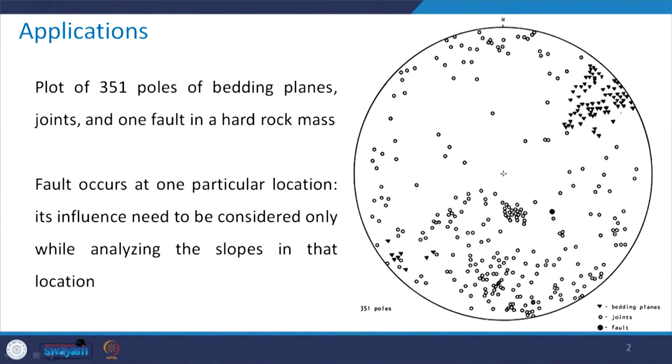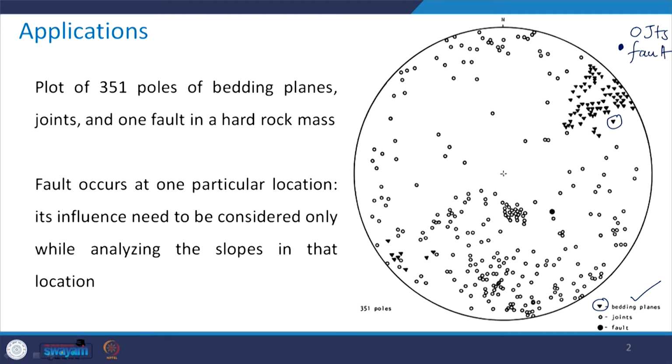You can see that three types of legends are there in this figure. One is this solid triangle, which is representing the bedding plane. Then the circular one, which is for the joints, and the solid circle, which is for the fault.